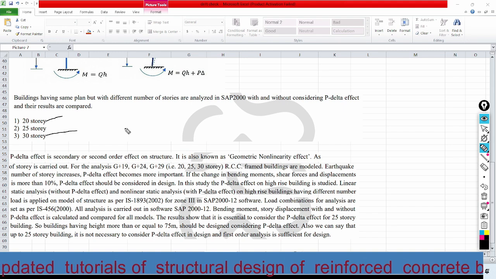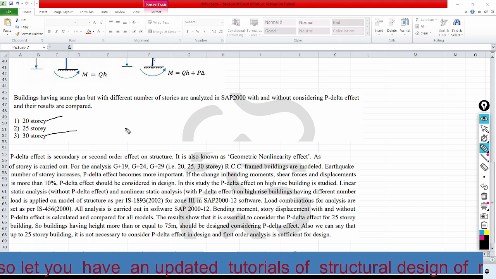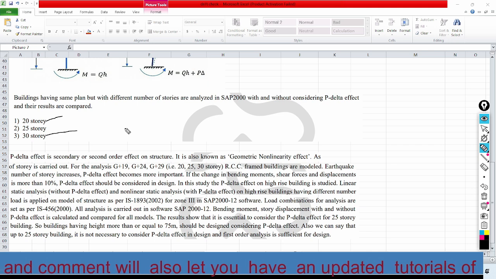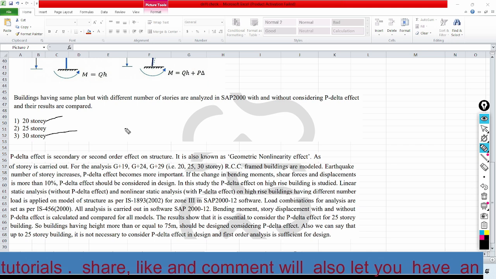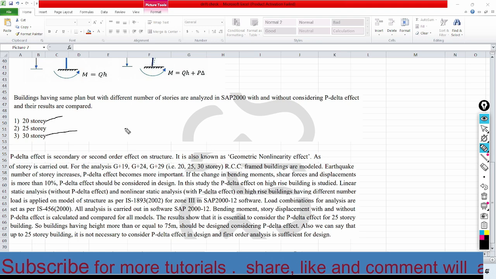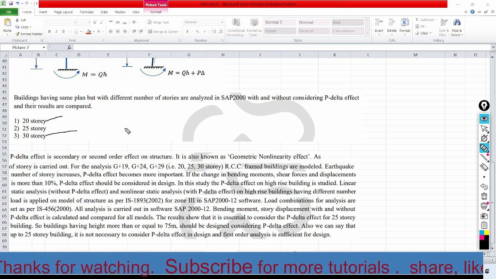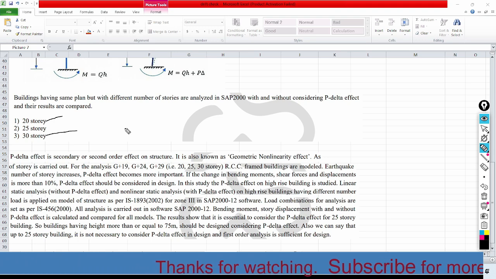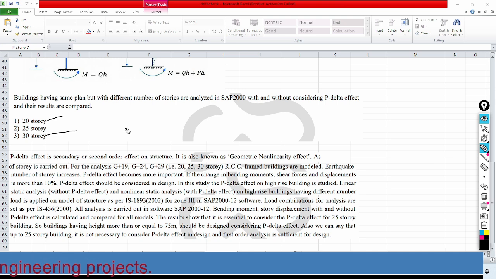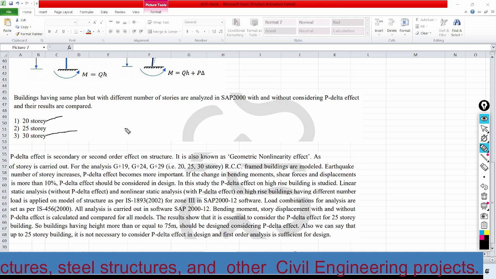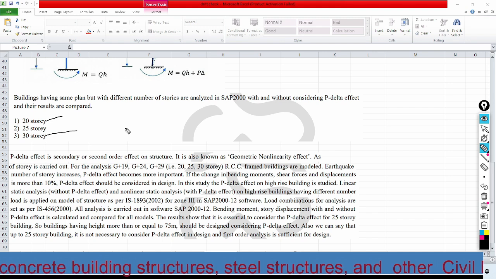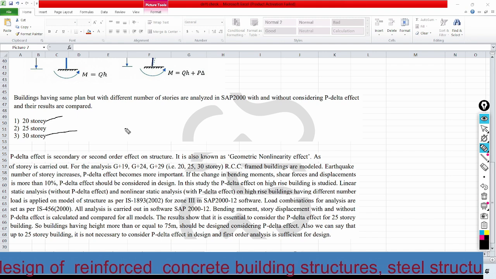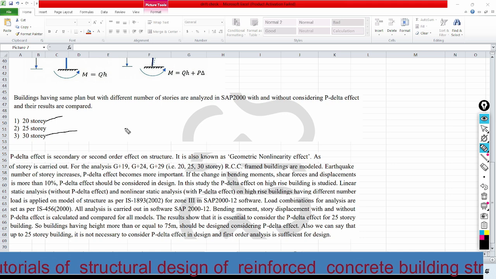That means we should take critically the effect of P delta in our design when we design high-rise buildings. But in lower story buildings, the effect of P delta is insignificant. So we can omit the second order effect in lower story buildings. That means considering first order moment is sufficient.